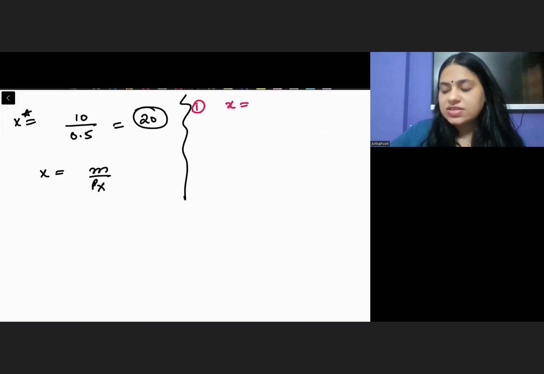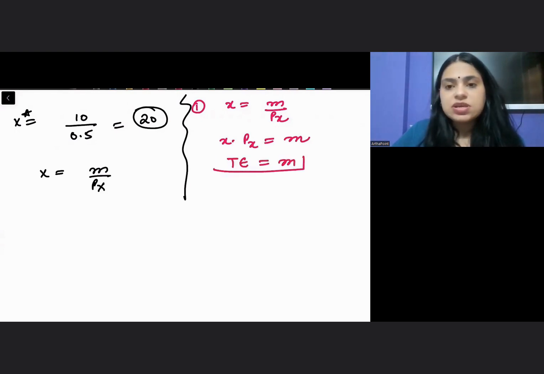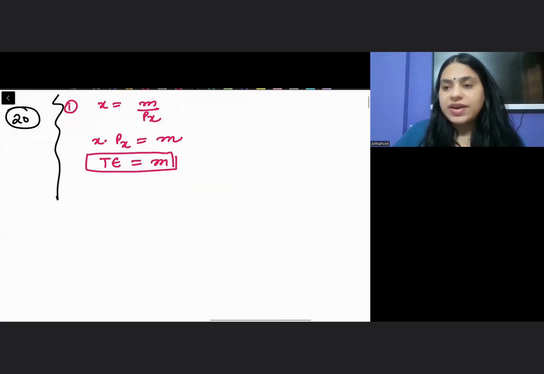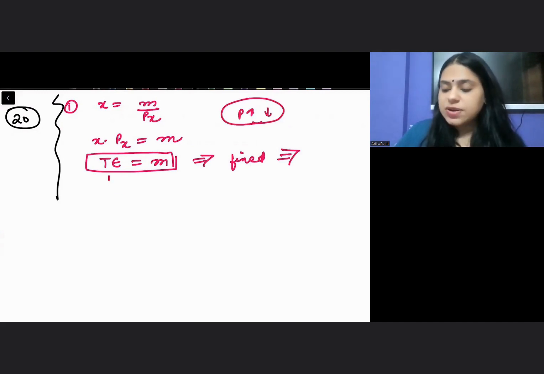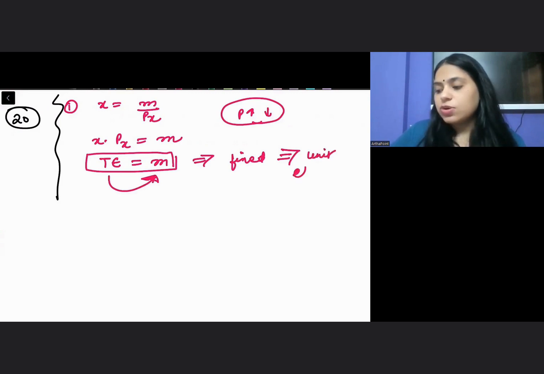If I have X is equal to M by PX, that means X into PX is equal to M. So my total expenditure will always be equal to my income. So my total expenditure will always be fixed. So according to the expenditure method, whether price increases or decreases, I will always be spending the same amount on good X. And therefore, I can say that it will be unit elastic, right?